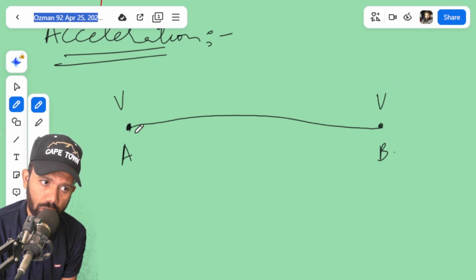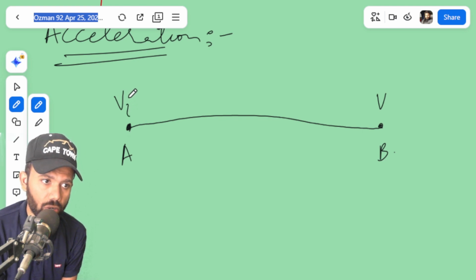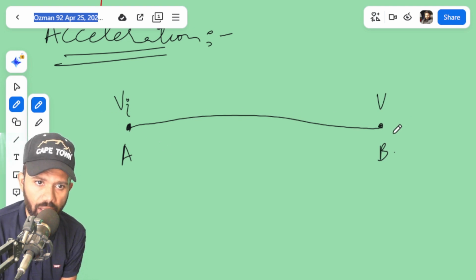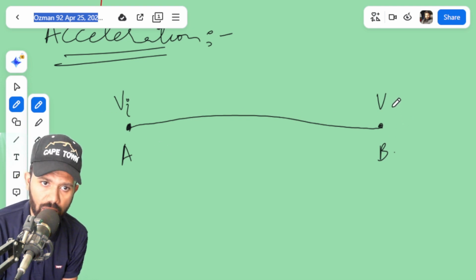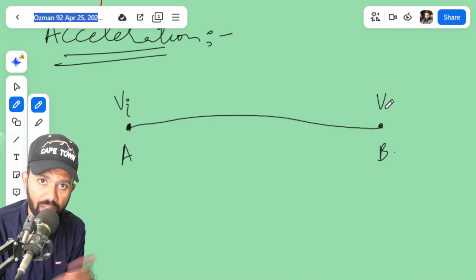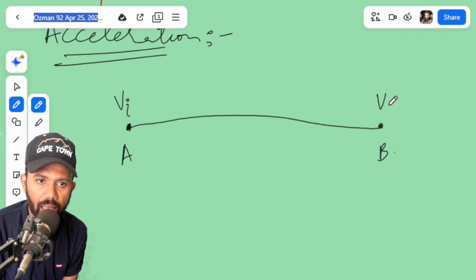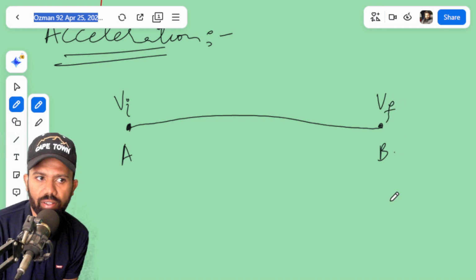The velocity at point A when you were starting is called initial velocity, and we represent it as Vi, and the velocity at point B is the final velocity, Vf.